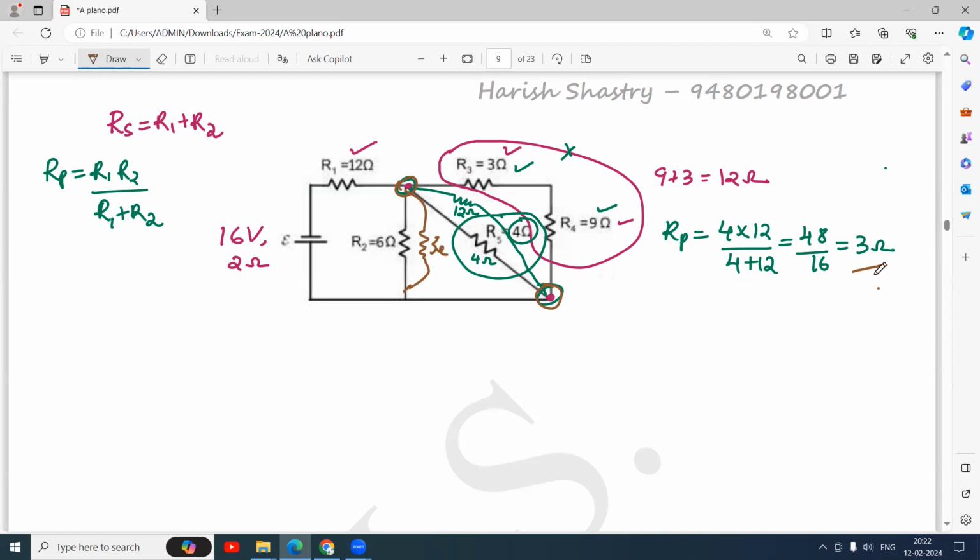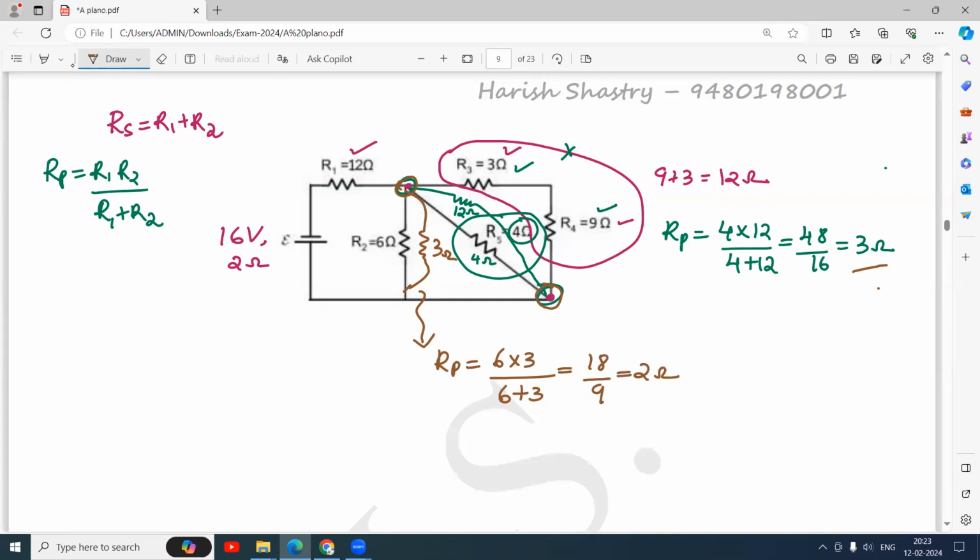Now, what is the equivalent of 6 ohm and 3 ohm in parallel? Once again, Rp is equal to 6 into 3 divided by 6 plus 3. That is 18 by 9, that is equal to 2 ohm.